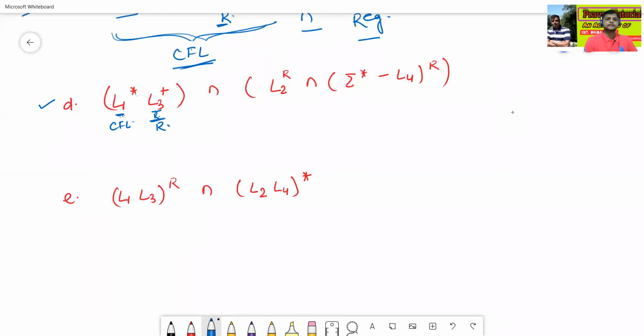The dot means concatenation of CFL and regular. Concatenation with regular is always CFL.